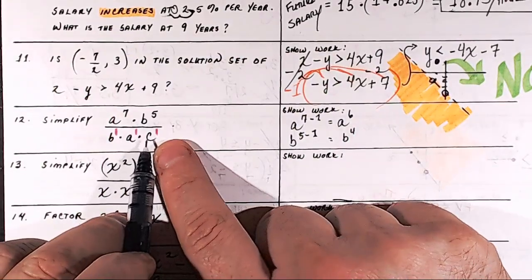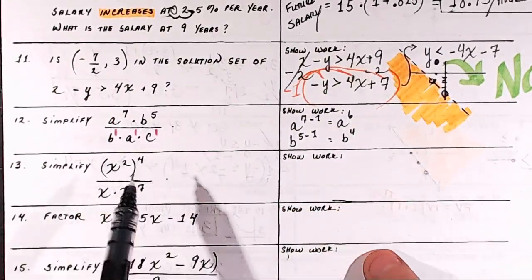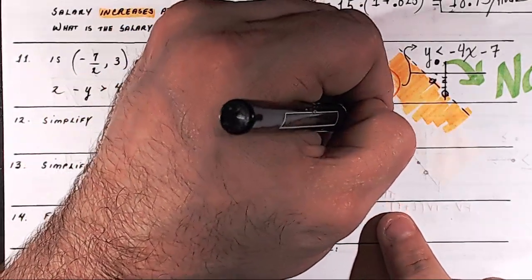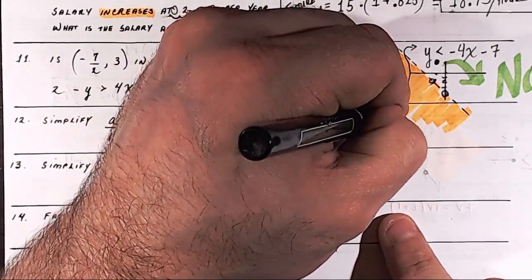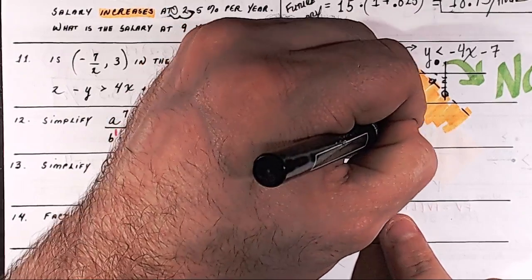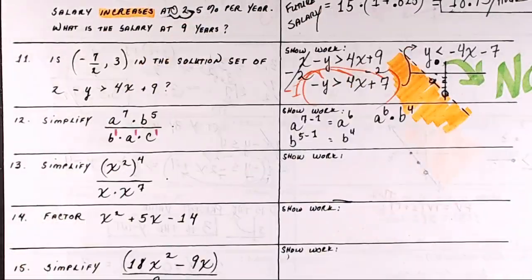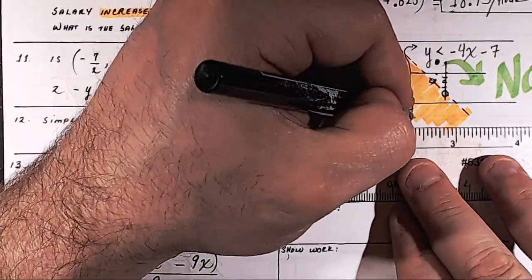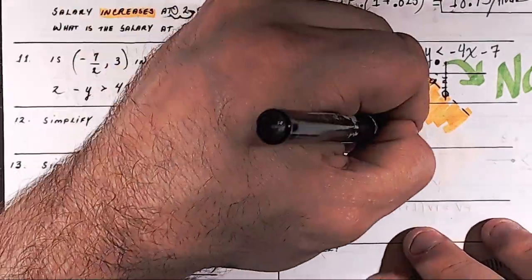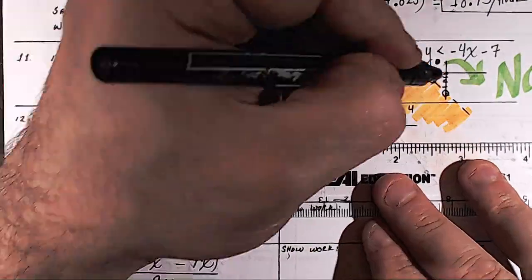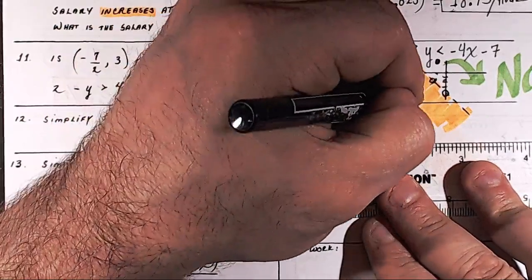And c is all by itself in the denominator. So in the numerator, I have a to the 6 times b to the 4, and in the denominator, I have c. So that's the simplified expression.